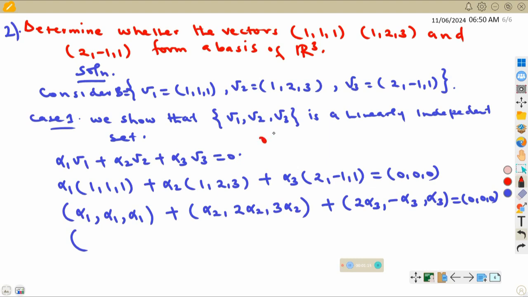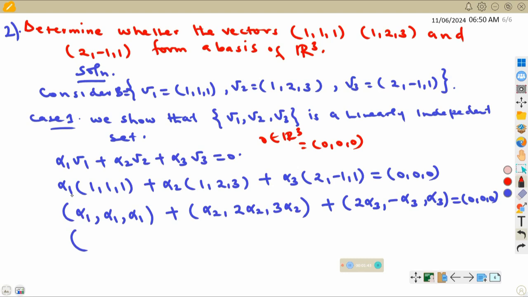A 0 in R to power 3 is the vector (0, 0, 0) with 3 components. So let us substitute for V1, V2, and V3. We shall have alpha 1 into (1, 1, 1), alpha 2 into (1, 2, 3), alpha 3 into (2, negative 1, 1) equaling (0, 0, 0).